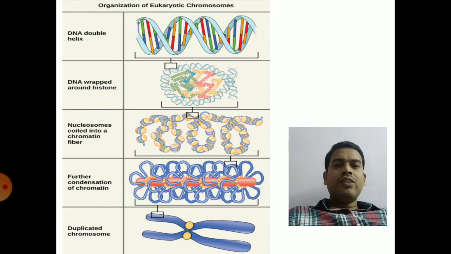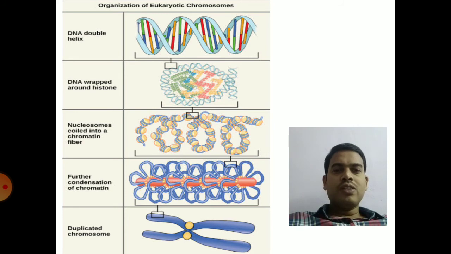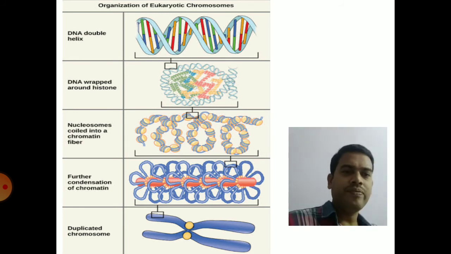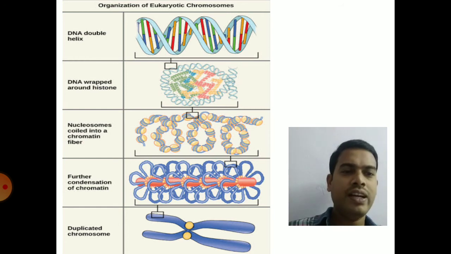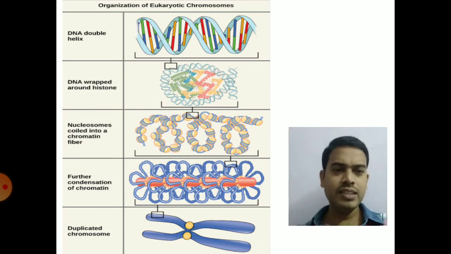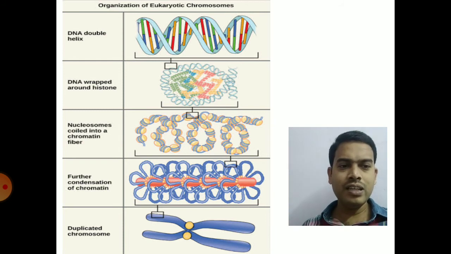Coming to the eukaryotic chromosomal organization, how the eukaryotic chromosomes are organized. In the previous classes we have seen the structure of DNA, that is the Watson-Crick model of DNA, which is double-stranded DNA. You can see the double-stranded DNA on the left top, the DNA double helix. It is wrapped around the histones.